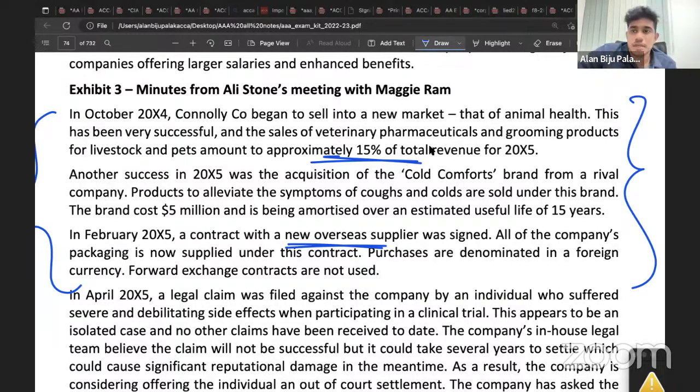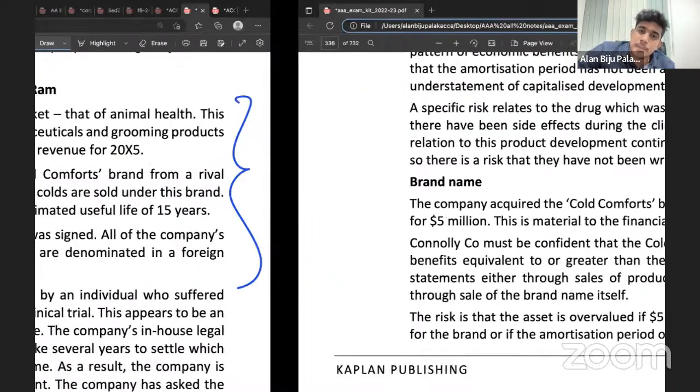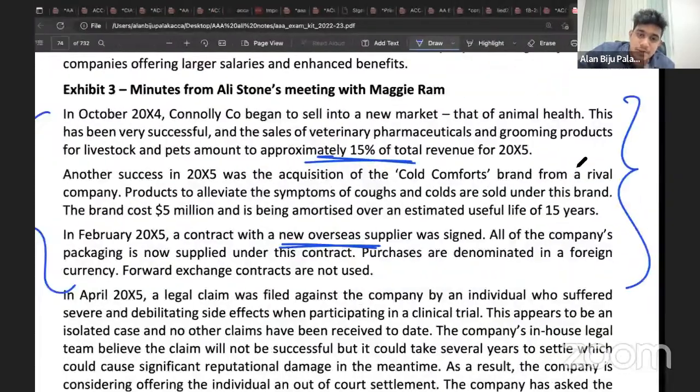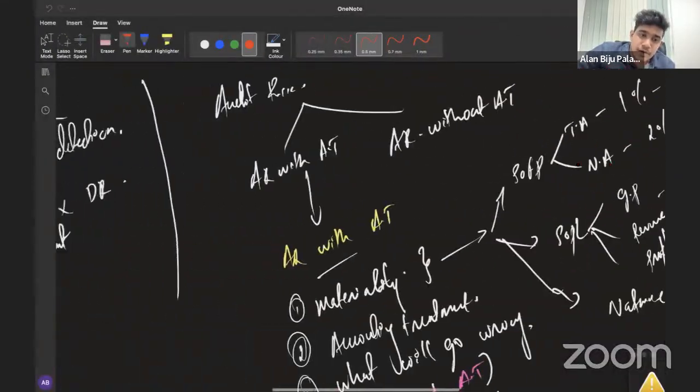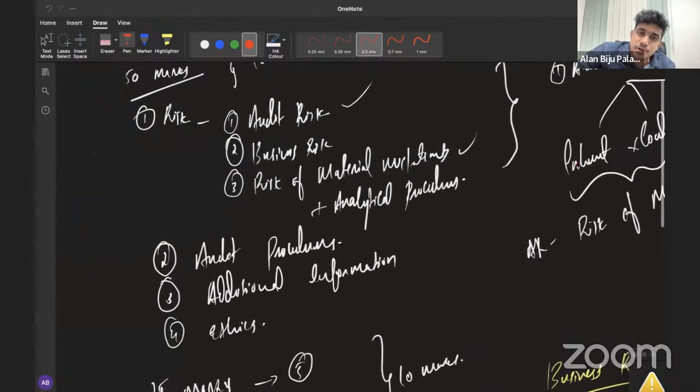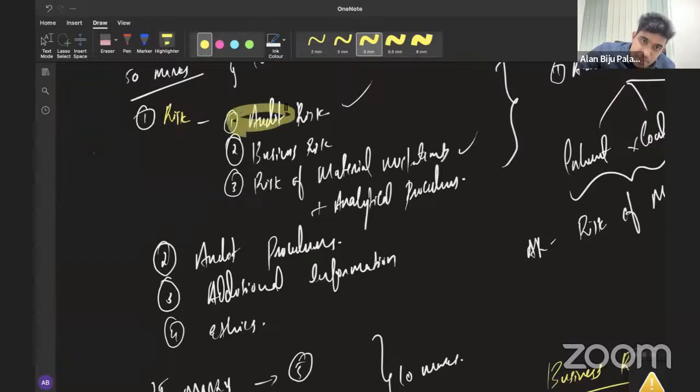So these are one of the two main areas. Whenever you appear for the exam, always keep one main thing in mind when you provide answers for the 50-mark questions. The 50-mark question is not just about risk.